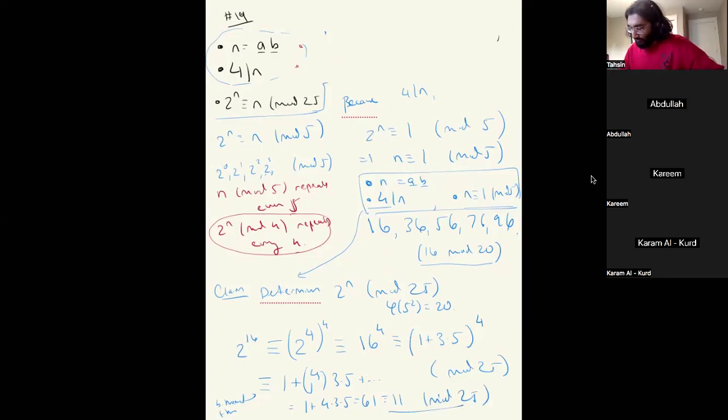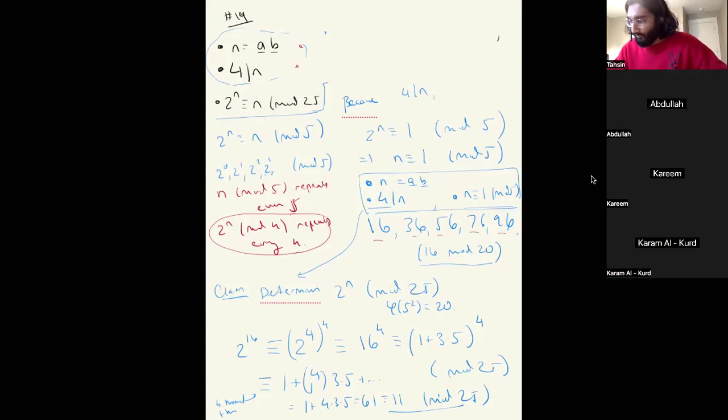So what is the point of all of this? Now we need to look at all of these 5 numbers and decide which one is 11 mod 25. Does it make sense what I'm saying? Let me repeat.